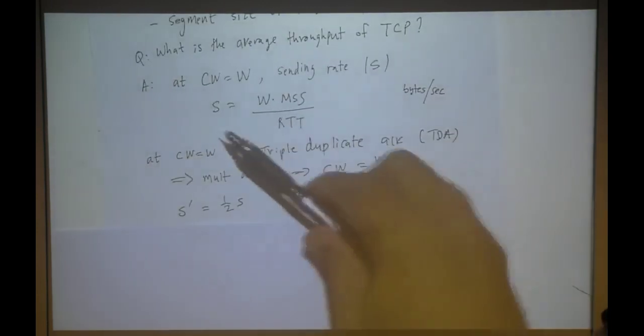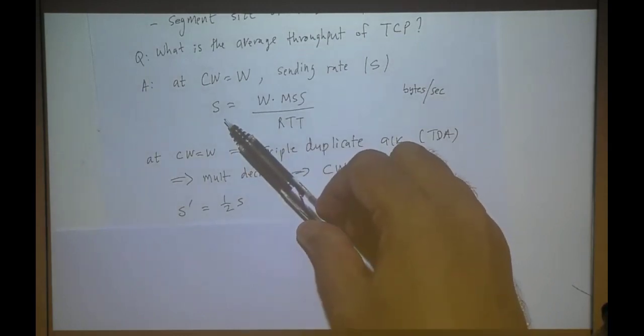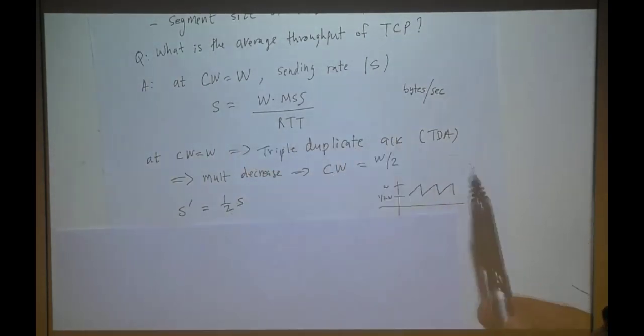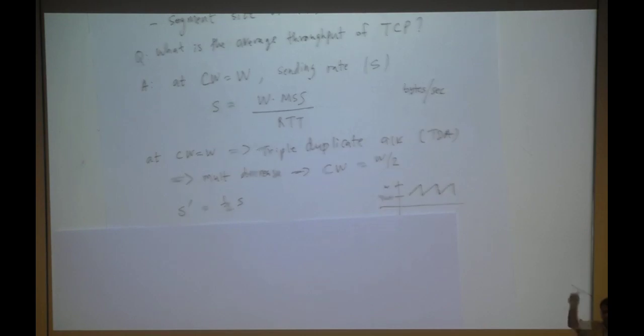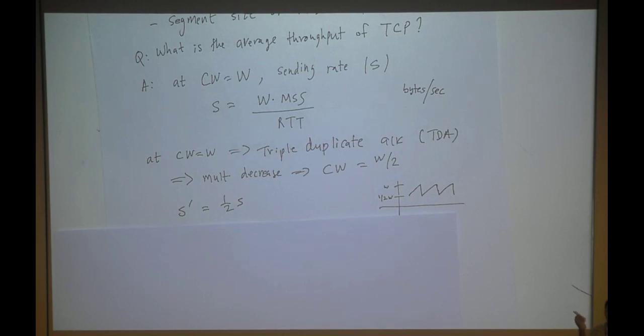So my sending rate is just half what it was before. I'm just using S as my sending rate. So it's just half S. And since I'm alternating between these two and I'm doing linear increase, what's the average? Yeah, it's just the average of 1 and 1/2, which is 3/4, right?